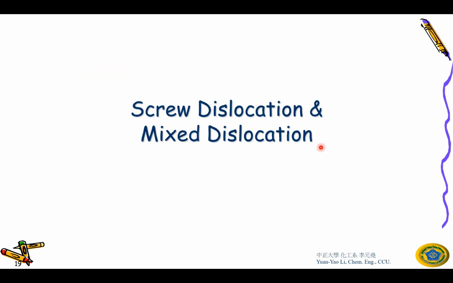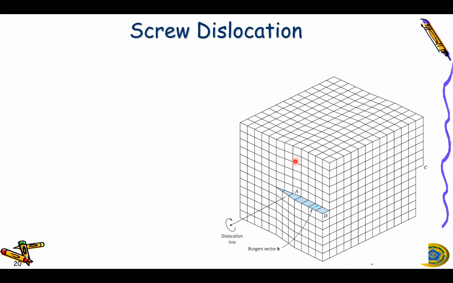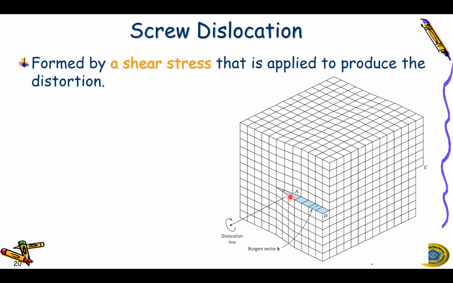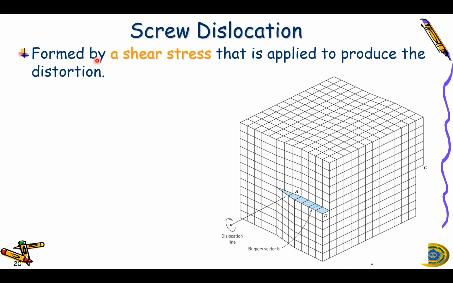The second topic, the second dislocation and third dislocation, we are going to introduce here. The second one is called screw dislocation. Why is it a screw dislocation? If you have a plane here and then one moved, the Burgers vector will move one unit, formed by shear stress that is applied to produce the distortion.